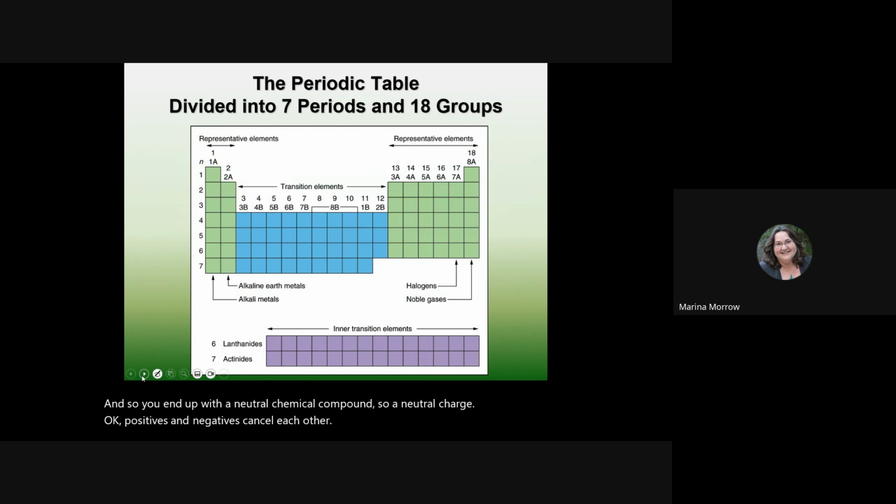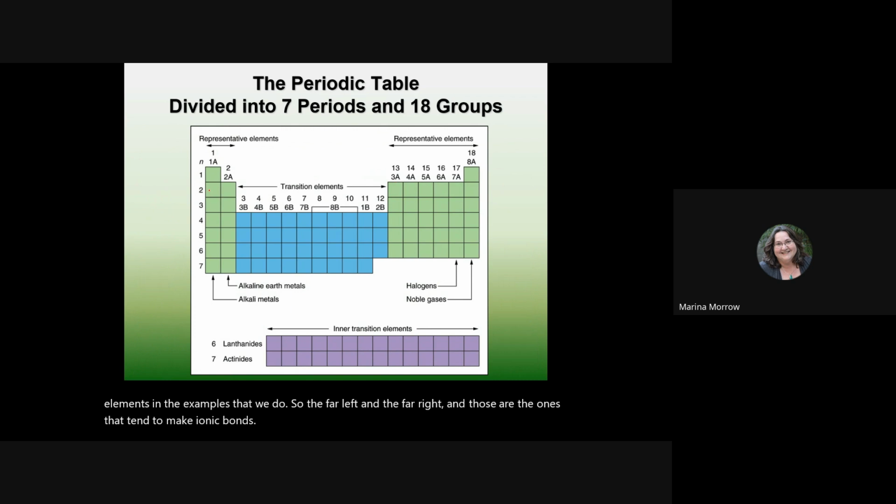Okay, now this is a simple version of the periodic table showing the names of certain groups. Mostly we're going to be looking at a lot of representative elements in the examples that we do. So the far left and the far right. And those are the ones that tend to make ionic bonds.